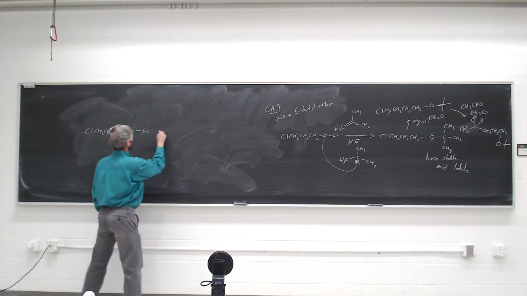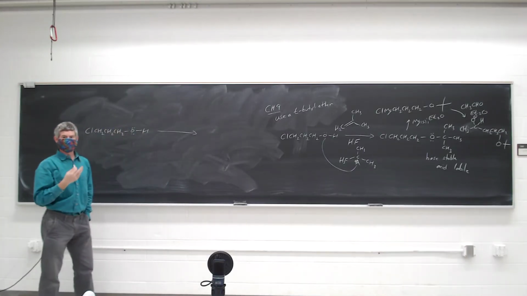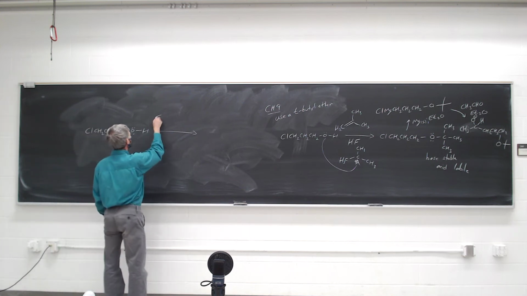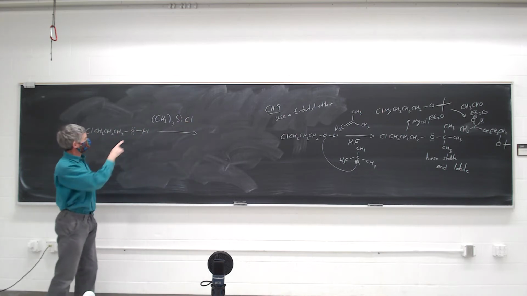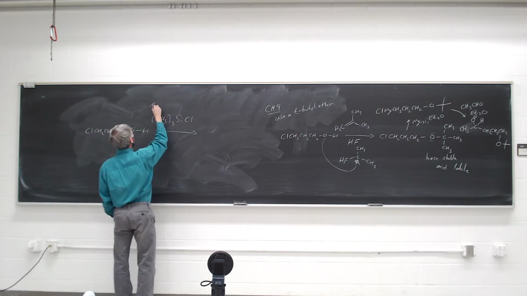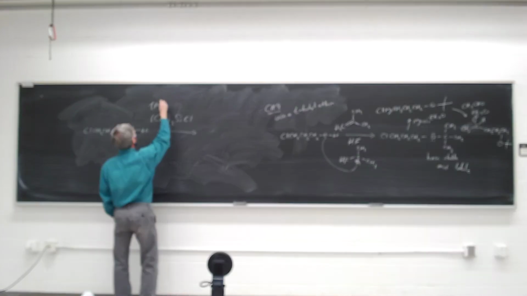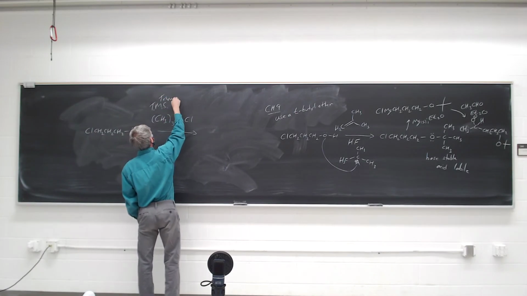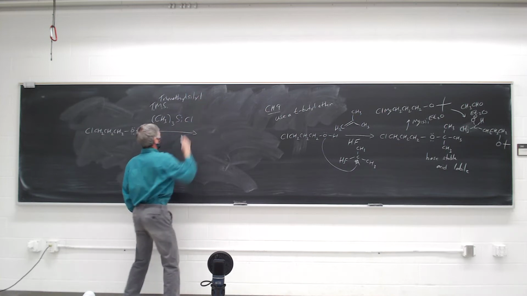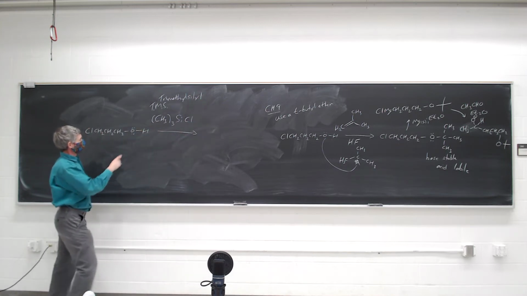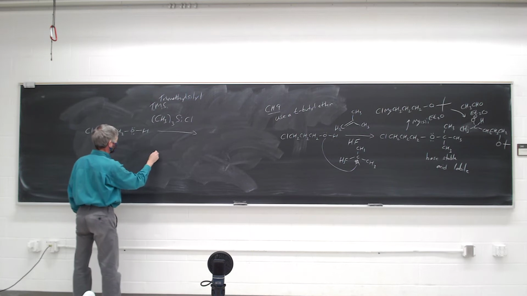The other common protecting group for an alcohol is as a trimethylsilyl group. So he probably treated it with this. This is TMS, trimethylsilyl. And the trimethylsilyl functional group reacts by an SN2 pathway.